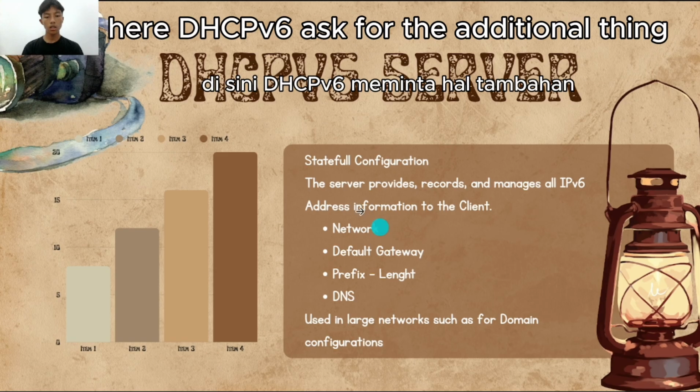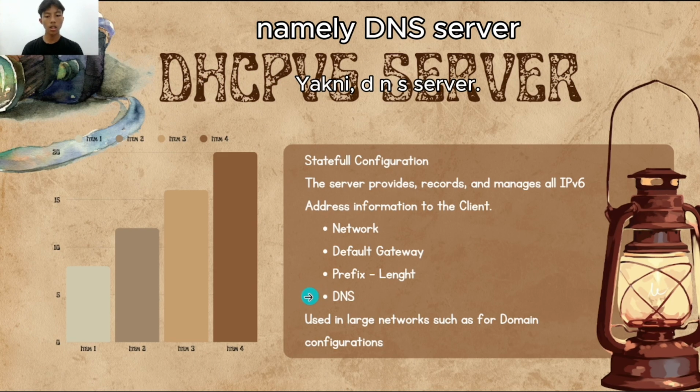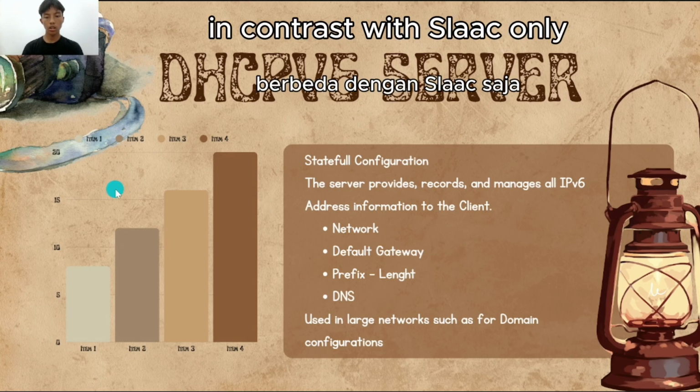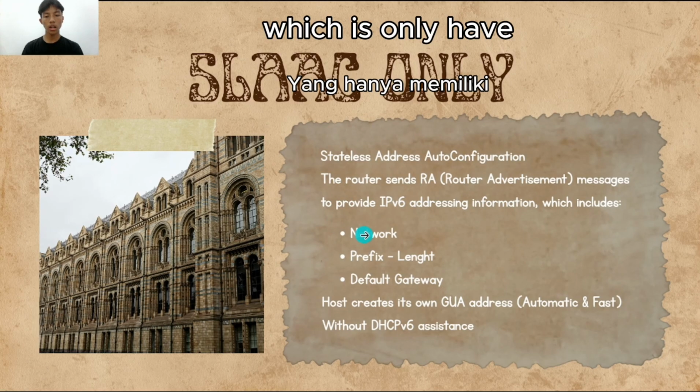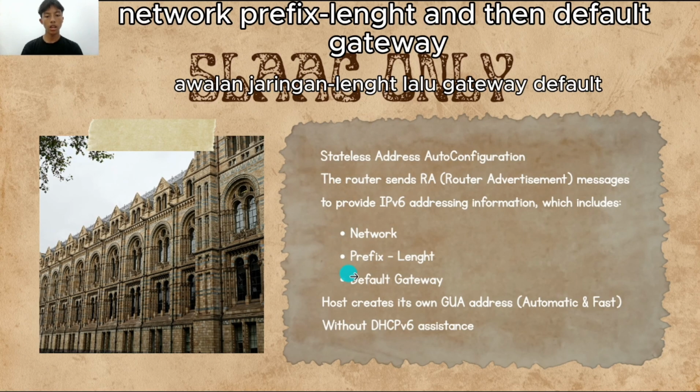That's why DHCPv6 asks for an additional item, namely the DNS server, in contrast with SLAAC only, which only has network, prefix length, and default gateway.